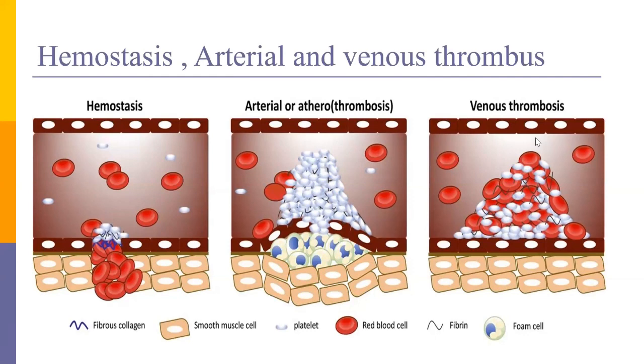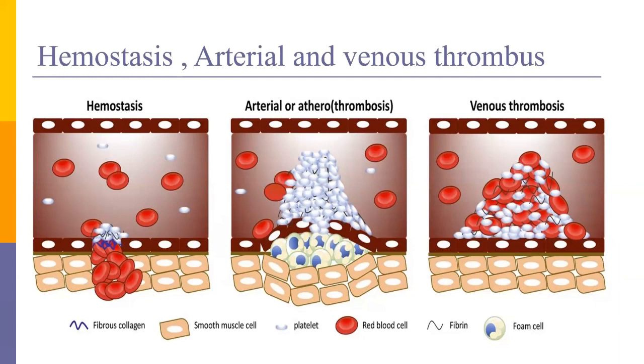We said arterial thrombi mainly occur in areas where there is rapid blood flow, usually after mechanical rupture of arteriosclerotic plaques. As you can see, there is an arteriosclerotic plaque, and the platelets have come in and are partially occluding the blood vessel. So that's arterial thrombi. Then on the other side, we have the venous thrombi. Remember, we said the venous thrombi are mainly composed of fibrin. As you can see, there are the fibrin and the red blood cells.